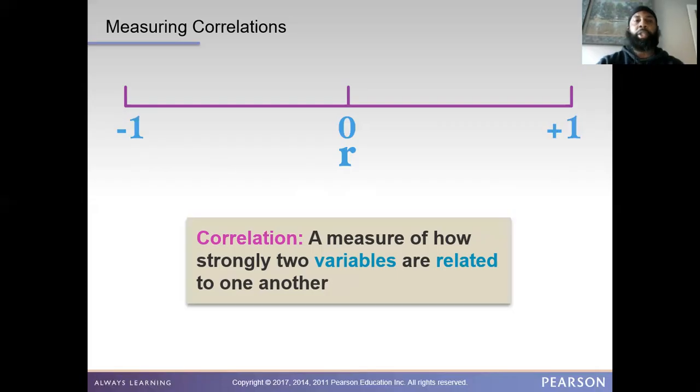So R is the coefficient that we use to define what the correlation is. So in sum: perfectly positive, no relationship, perfectly negative. Now, here's the rub. In the natural world, nothing is perfect.